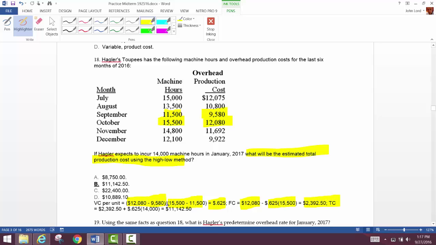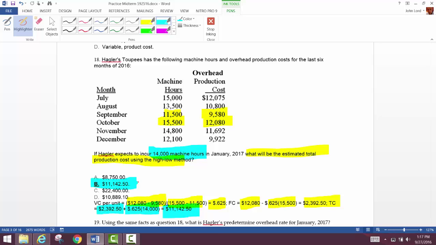I then put that into the formula: 239,250 plus the variable cost times the number of units that they're saying they're going to produce gives me the total of 11,142.50, right? Using the high-low method.